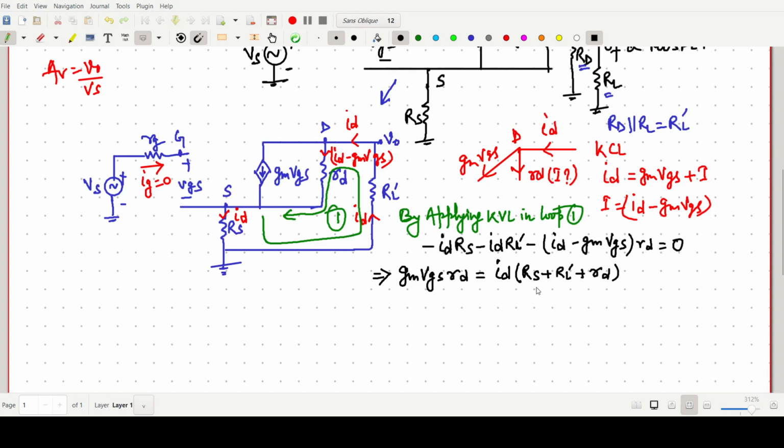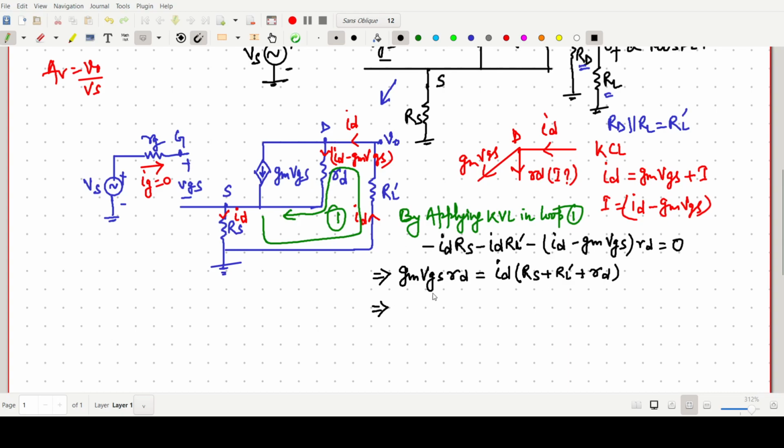Is it okay? We can write simply. We are just putting ID RS, minus ID RL dash, and minus ID RD on the right hand side, and this one is gm VGS. So from this expression, one can write the value of ID.